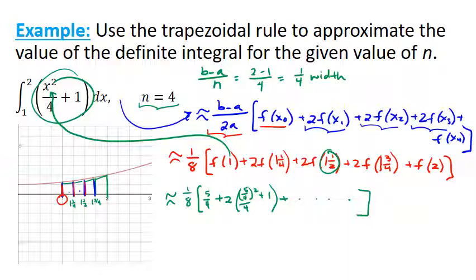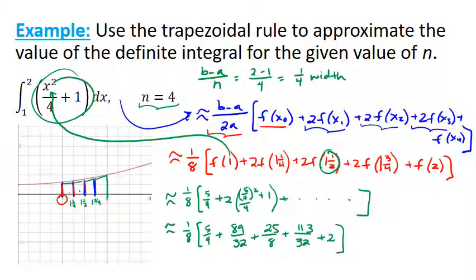Okay, so after some simplifying, I end up with 1/8, and you should get 5/4 plus 89 over 32 plus 25 over 8 plus 113 over 32 plus 2.